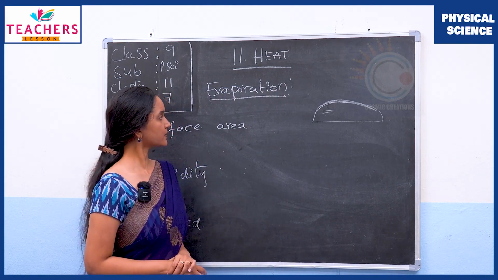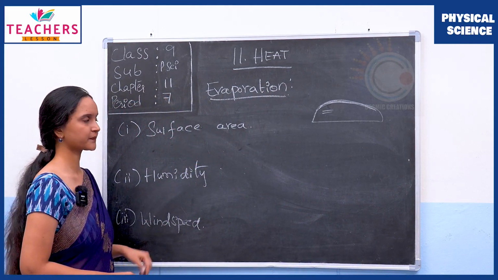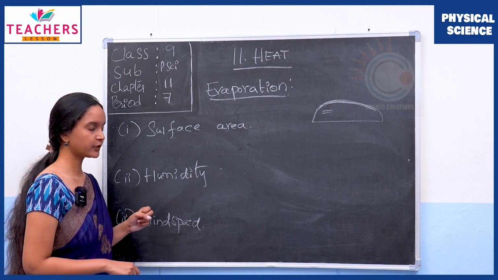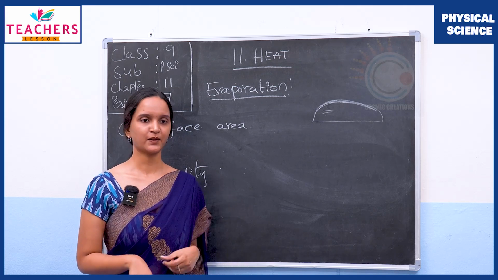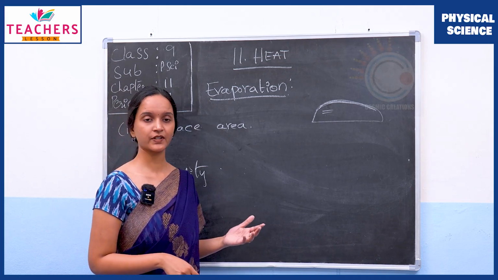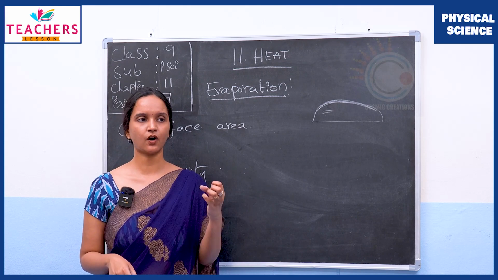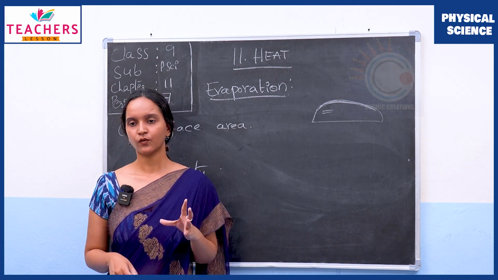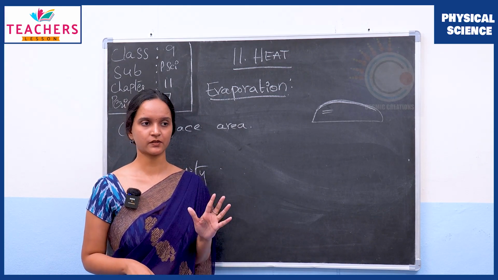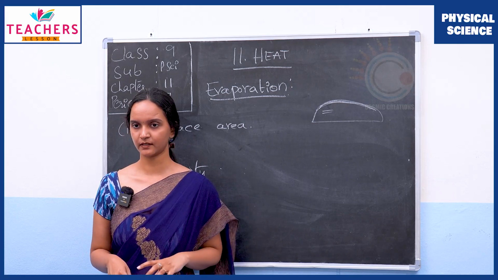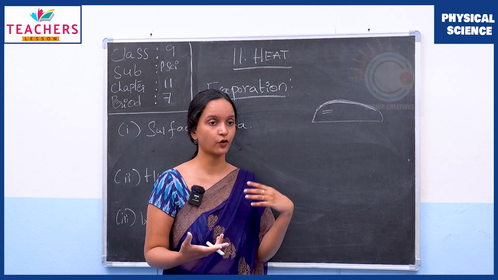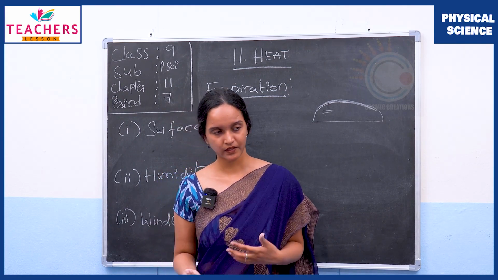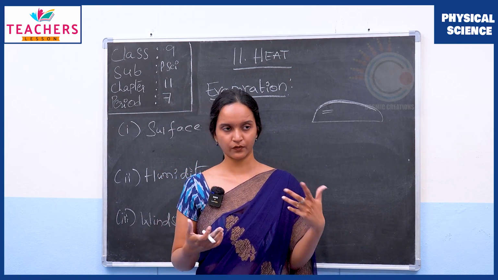Okay, moving on. Humidity. What do we mean by humidity? Any ideas? No, madam. Okay. The atmosphere, the air around us, always has water vapor molecules present in it. These vapor molecules could be from nearby water bodies like rivers, lakes, ponds or wells.